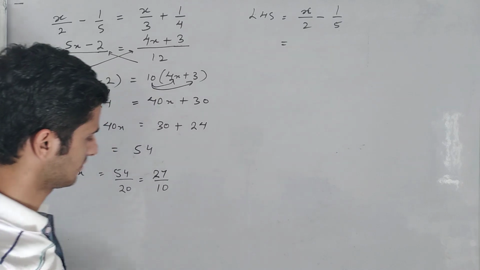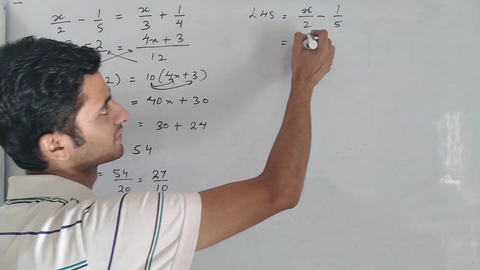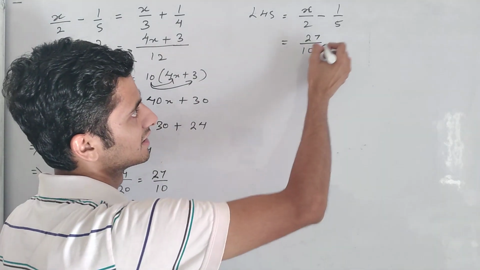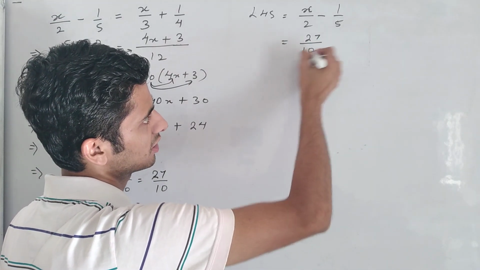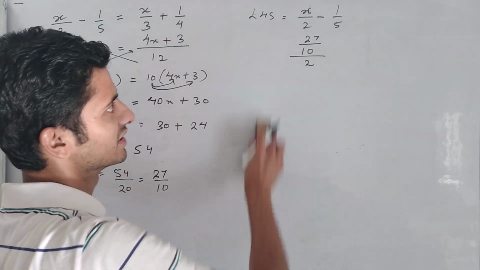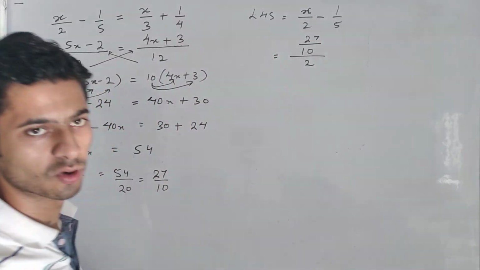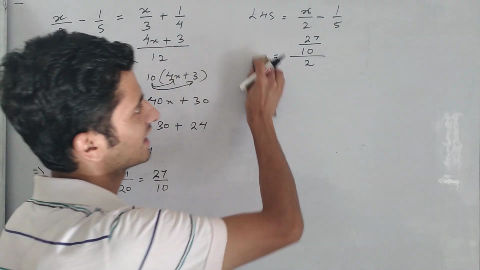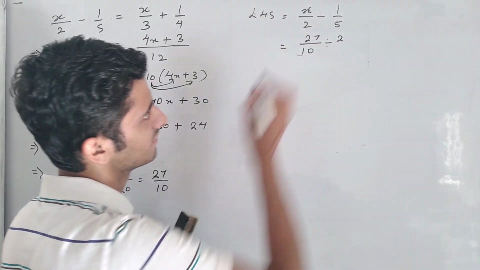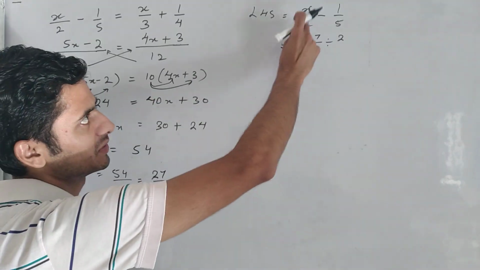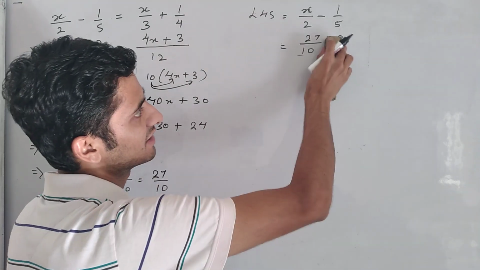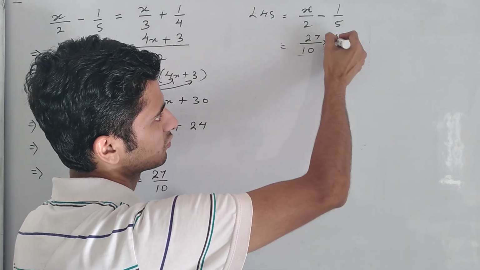So x upon 2, x is 27 upon 10, so 27 upon 10 upon 2. x upon 2 means x divided by 2, and this division sign will become multiplication with the reciprocal.